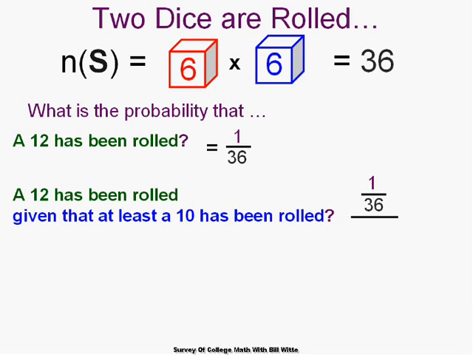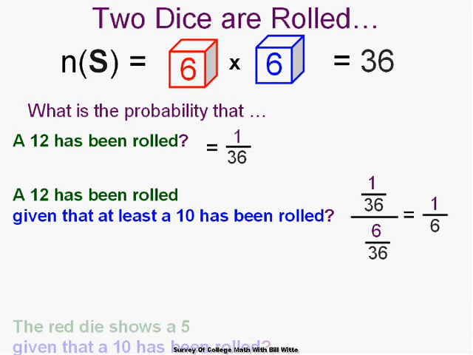So there's a total of 6 ways. So our probability of getting at least a 10 is 6 out of 36. So using this formula, our probability that a 12 has been rolled, given that at least a 10 has been rolled, let's reduce it, is going to be quite a bit higher, 1 out of 6.